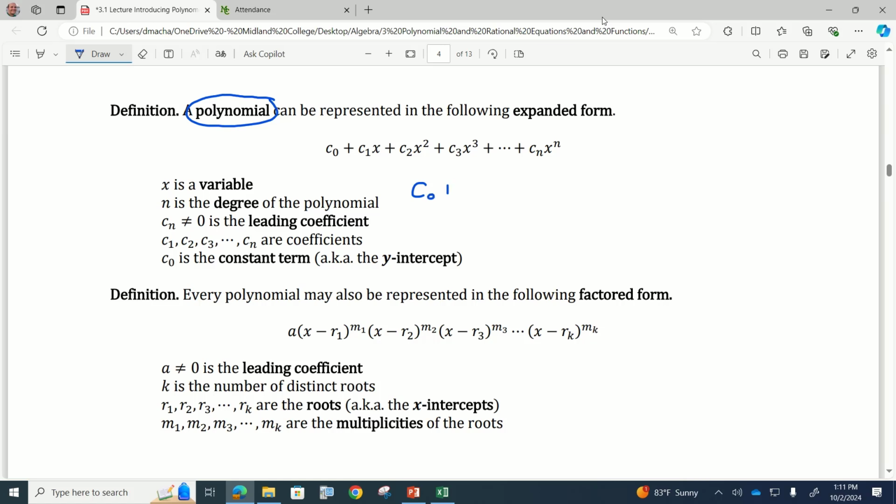So in general, a polynomial looks like a constant term plus c1 times x plus c2 x squared plus c3 x cubed plus dot dot dot plus cn x to the power n.